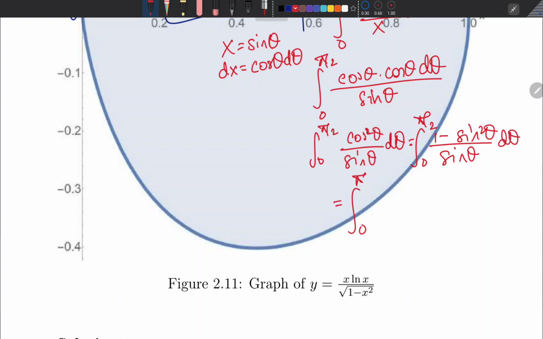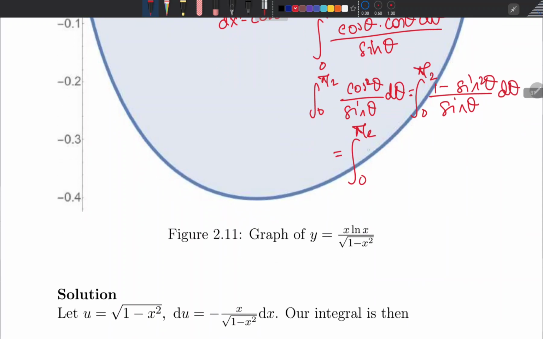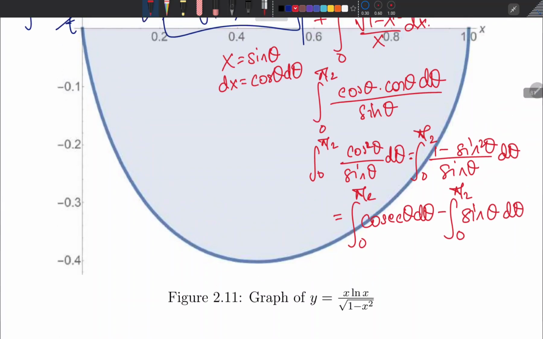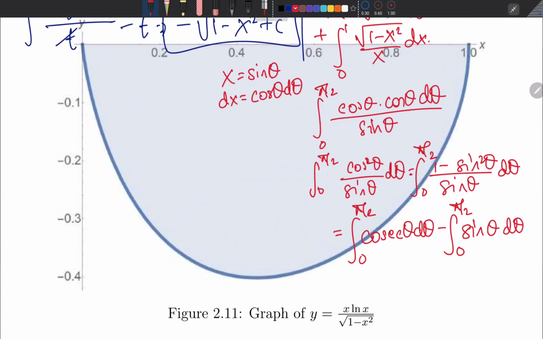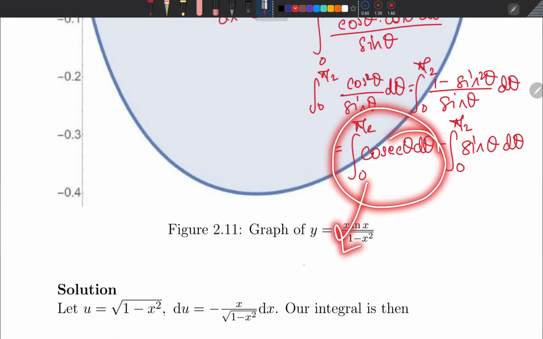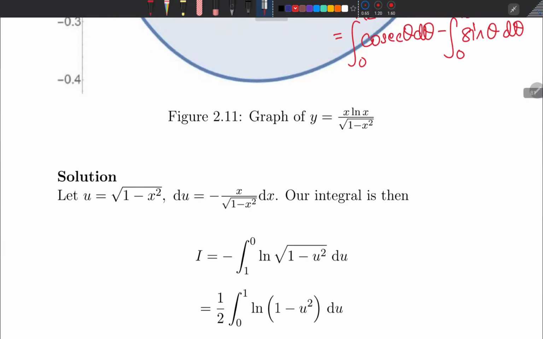Integral from 0 to pi over 2 of cosecant of theta d theta minus integral from 0 to pi over 2 of sine of theta d theta. I think it does make sense. Hey, wait. This integral is diverging.